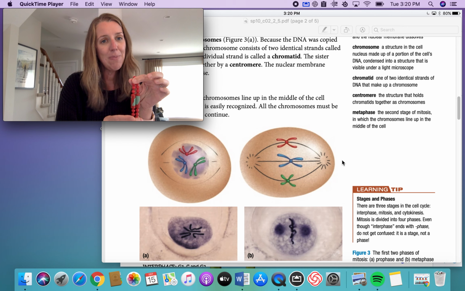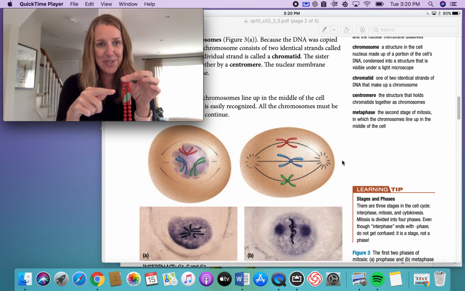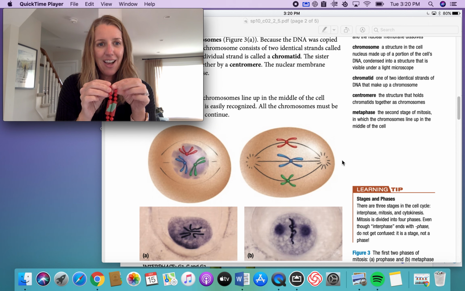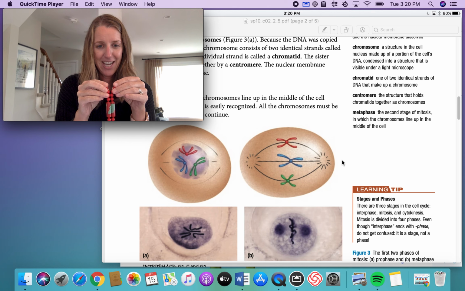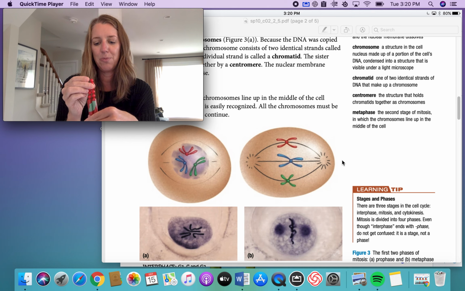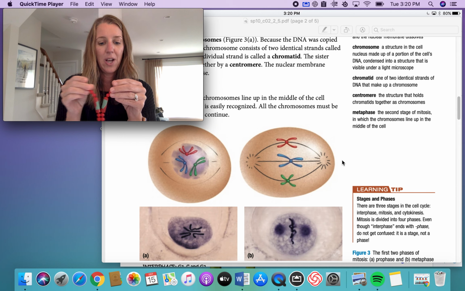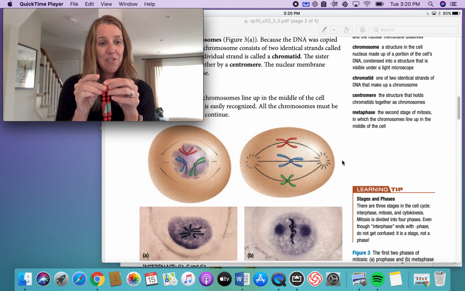Remember, this is still called a chromosome. The 2 little sides of that chromosome have a particular name. They're called sister chromatids, and the sister chromatids are identical. So you can think of this as maybe being chromosome number 1, and chromosome number 1 has now replicated in interphase.